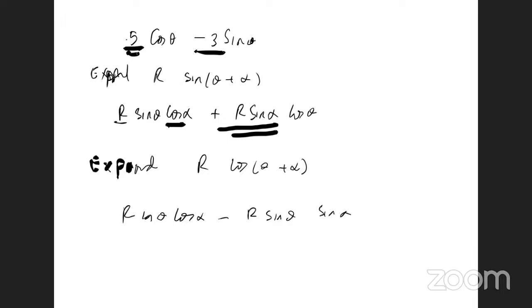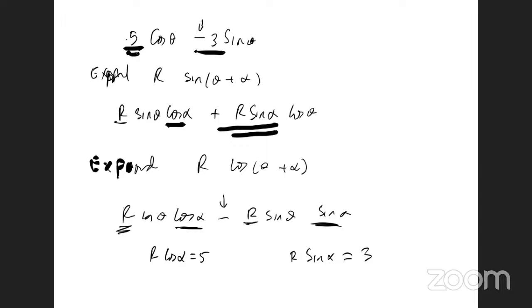So whatever in front of cos theta is 5, so it means that r cos alpha is 5. Whatever in front of sine theta is 3. So you're getting r sine alpha is 3. You'll see that? And the signs here are matching up, so we don't have to worry about a negative sign.